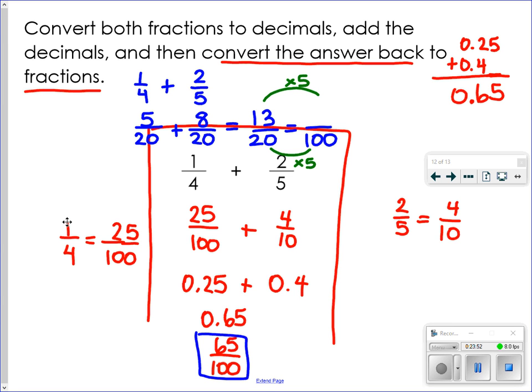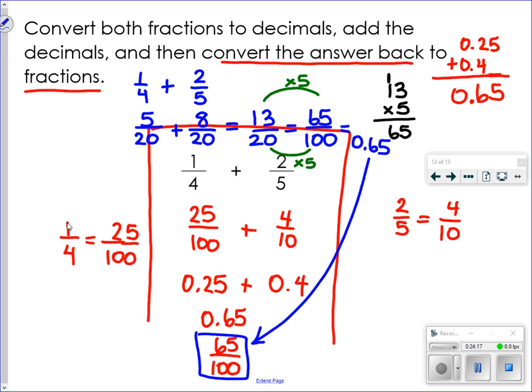We'll just do that over here. 13 times 5. 5 times 3 is 15. Carry the 1. 5 times 1 is 5. Plus 1 is 6. 65 hundredths. Oh, well, look at that. 65 hundredths written as a decimal. That's the exact same answer I got down here, isn't it?